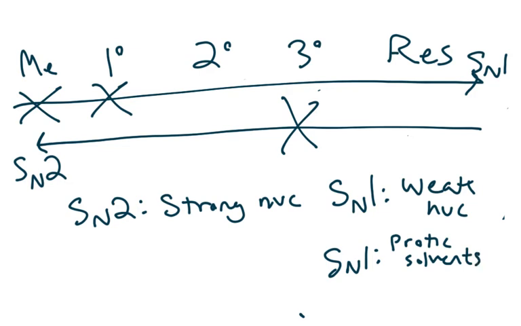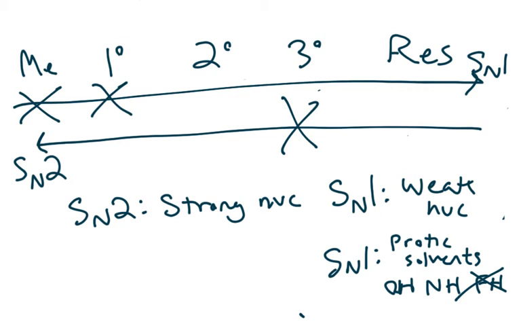And protic sounds like proton, and that's going to be because protic solvents are basically any solvent that hydrogen bonds. And just to do a quick review, hydrogen bonding happens when you have OH, NH, or FH bonded directly to each other. The weird thing, though, about FH is those both can only make one bond, so the only thing that you get is hydrofluoric acid, and I've never seen that used as a solvent, so don't worry about fluorine.